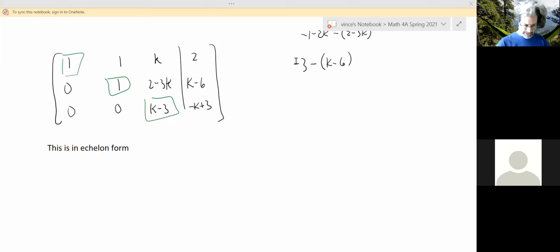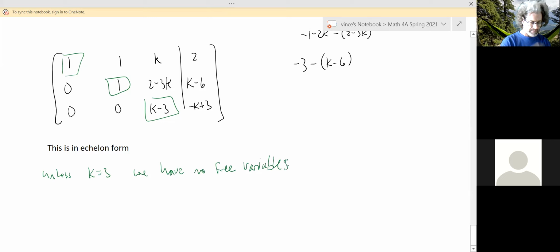So if k is equal to 3, then some stuff drops out to 0, right? So I'm going to write down something about that. I want to say, unless k equals 3, we have no free variables. Which means how many solutions are we going to get?